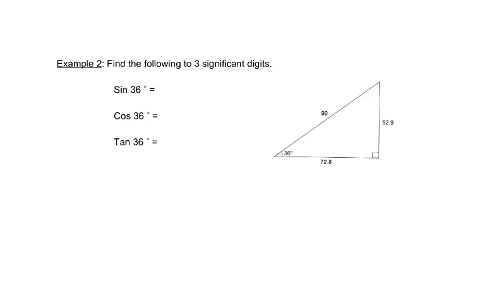So here this says find the trig functions to 3 significant digits. So here it says find the sine of 36 degrees. So we find the angle that's 36 degrees. The sine is opposite over hypotenuse. So opposite it would be 52.9.